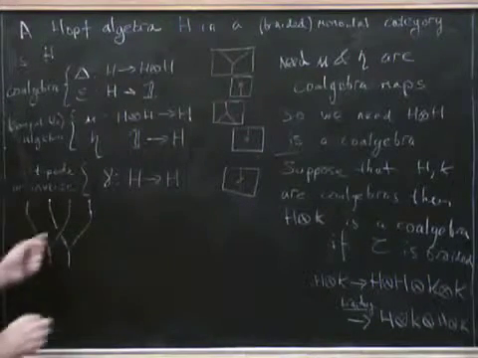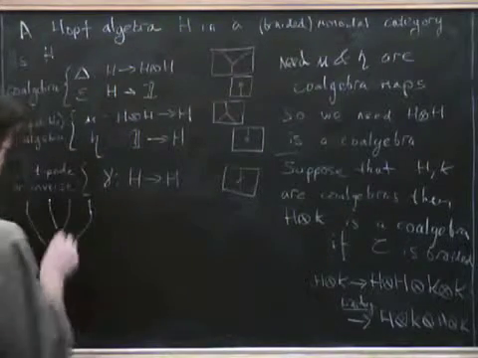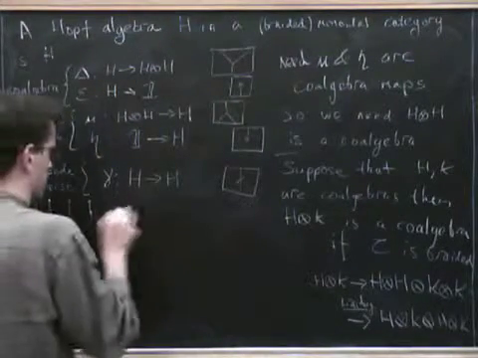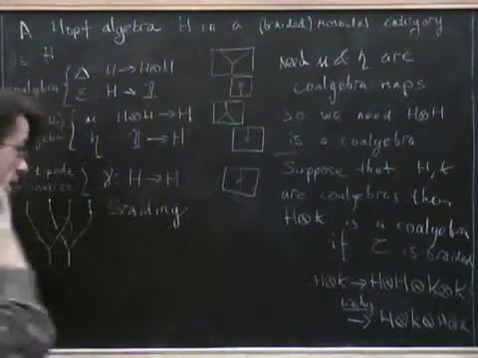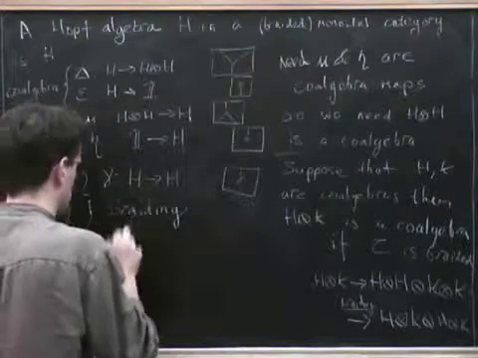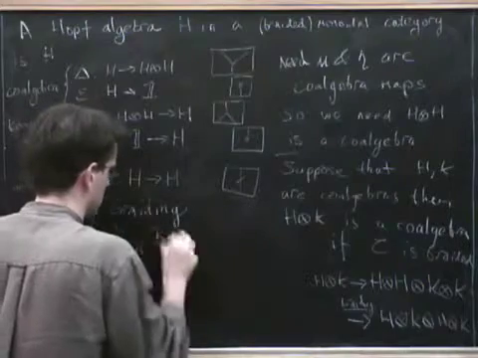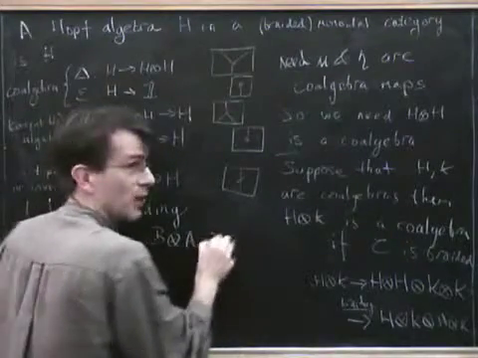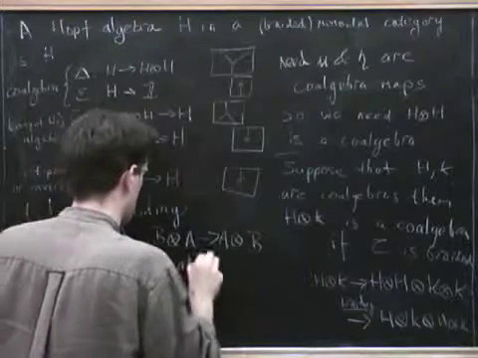So this is then the co-product on here. This is the braiding, and a braiding in a monoidal category is a natural transformation tau AB from B tensor A to A tensor B, which is natural in some suitable sense.